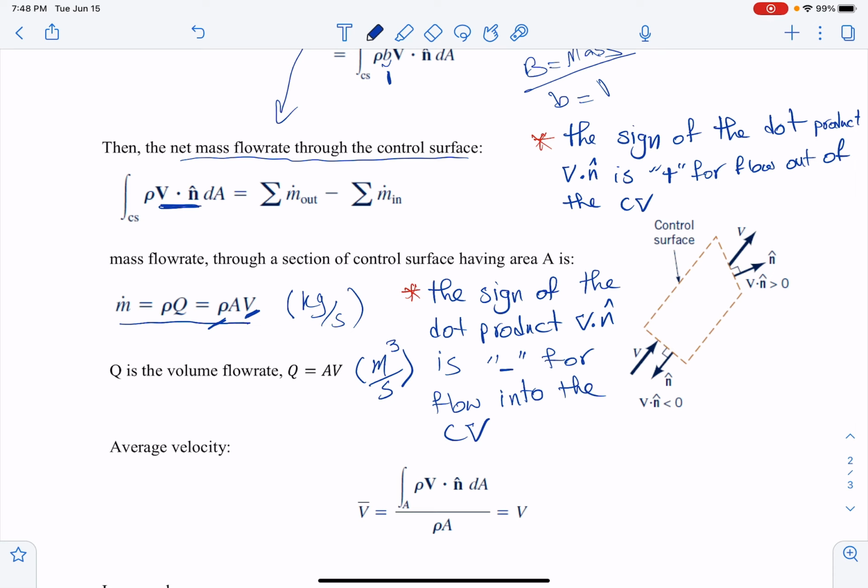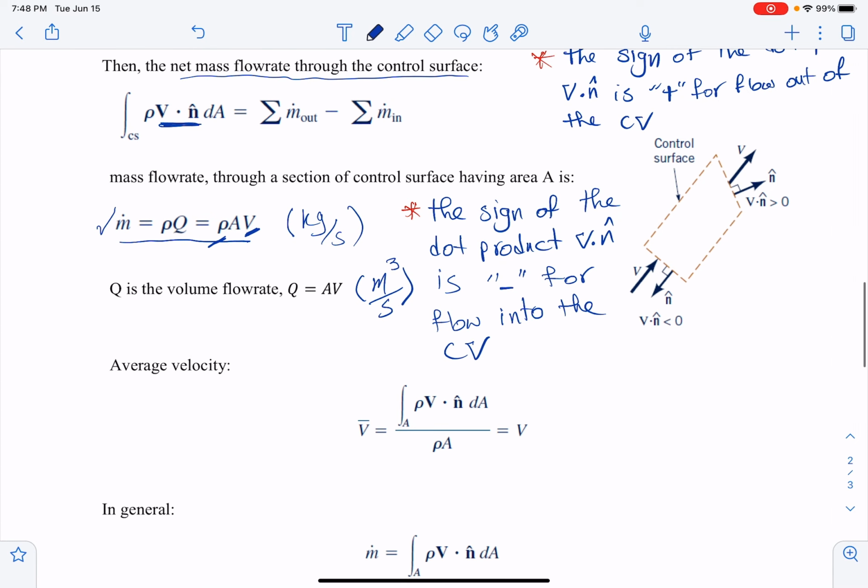So it means that it is appropriate to use this equation right here when we use the average value of the component of velocity normal to the section area involved, and this is the definition of the average velocity right here.